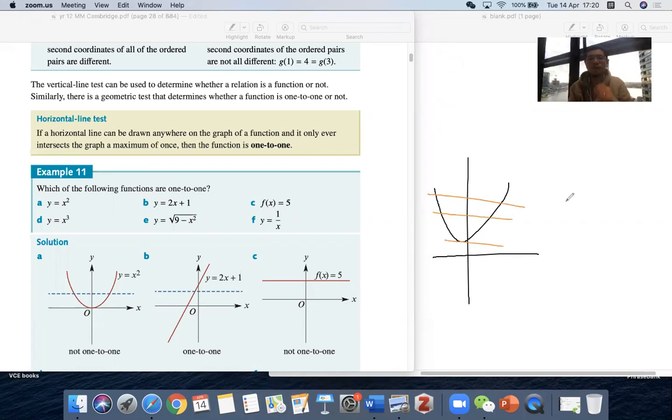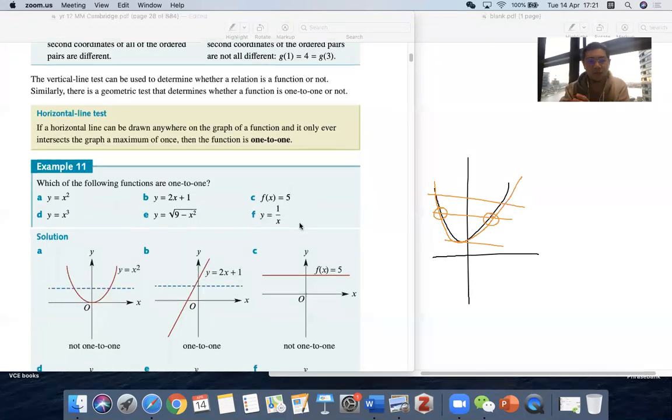If the line only ever intersects the graph once, we call this function one-to-one. Clearly for this problem, we cut 2 points, so it's not a one-to-one function, okay? Pretty easy and straightforward. Basically just one x, one y value, okay?